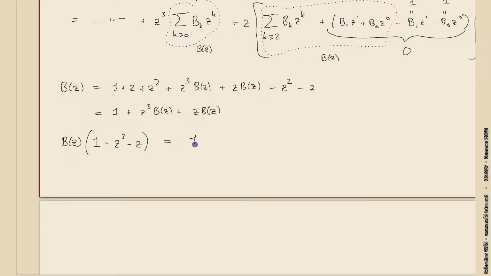And what's left on the other side is a 1. Well, I know what b of z then is, right? It's 1 over 1 minus z cubed minus z. Oh, so look, the generating function has a nice closed form.